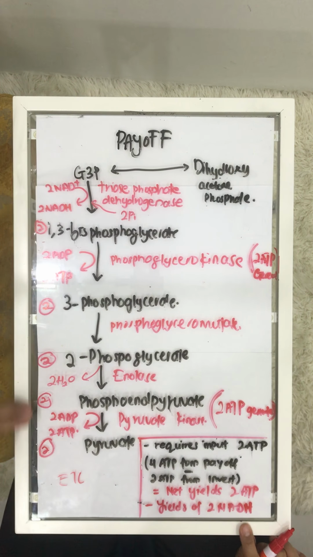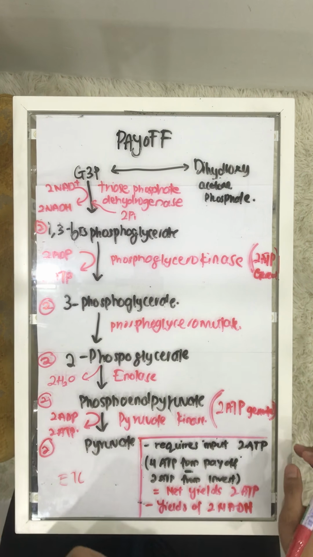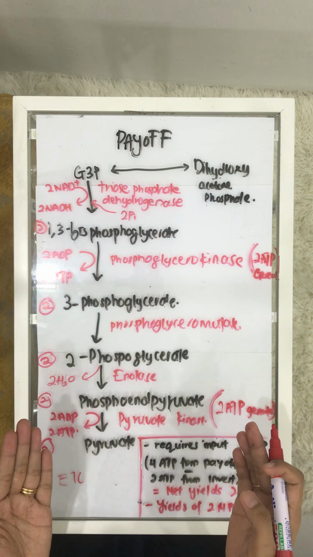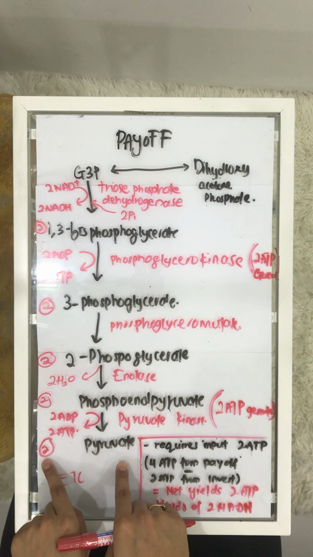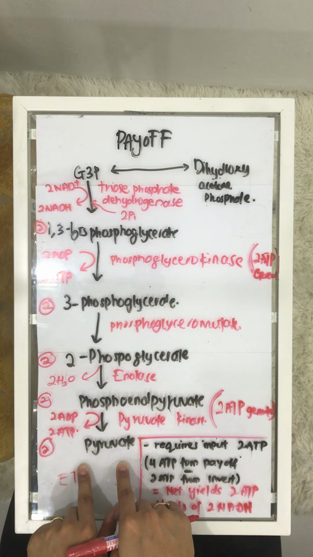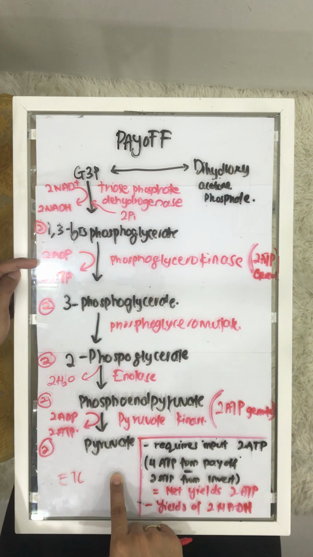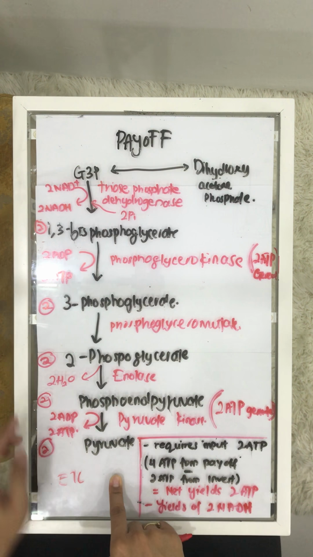So I hope that you understand what happened in glycolysis. Basically, glycolysis is the breakdown of one molecule of glucose into 2 pyruvate, and the payoff phase happens twice. That's why the products are doubled, and the reactions also happen twice.